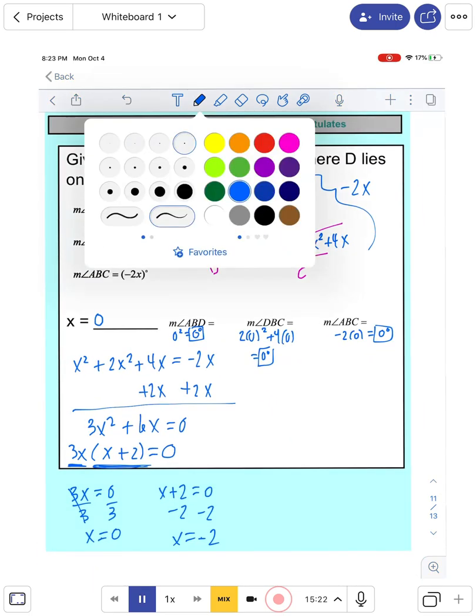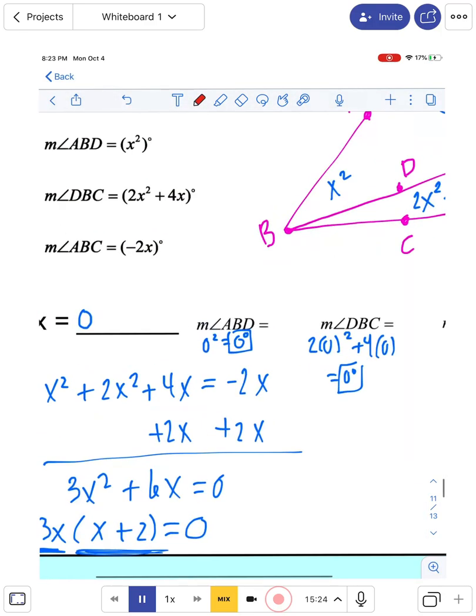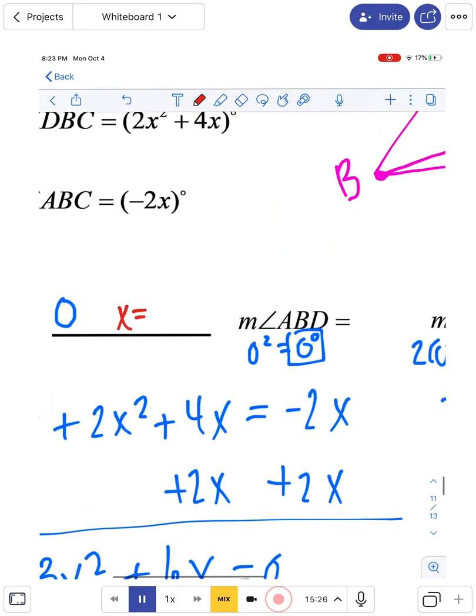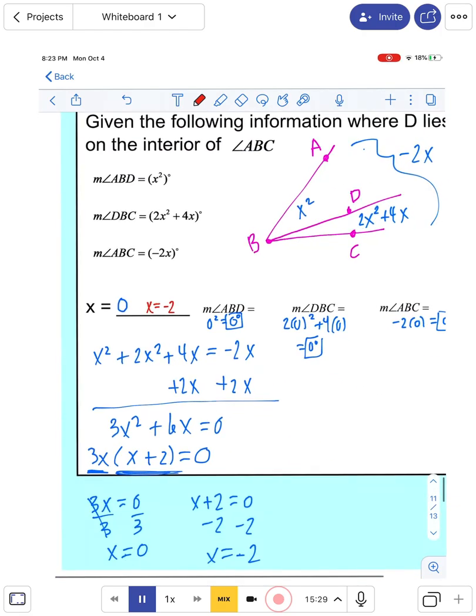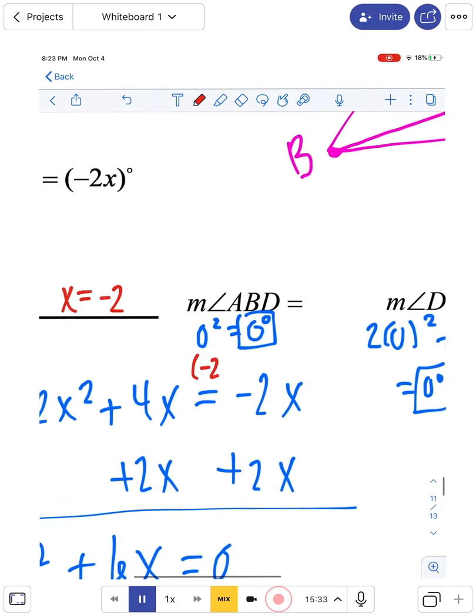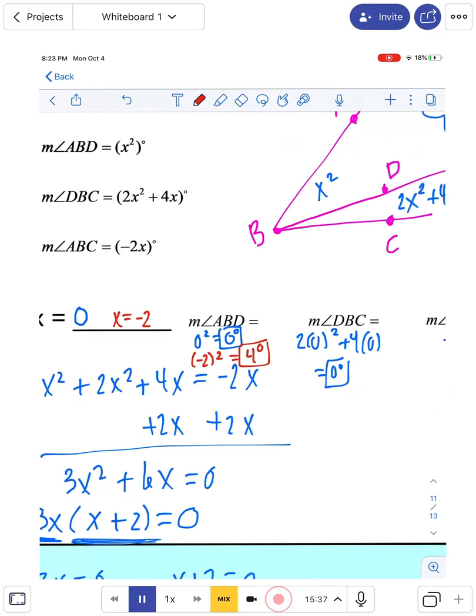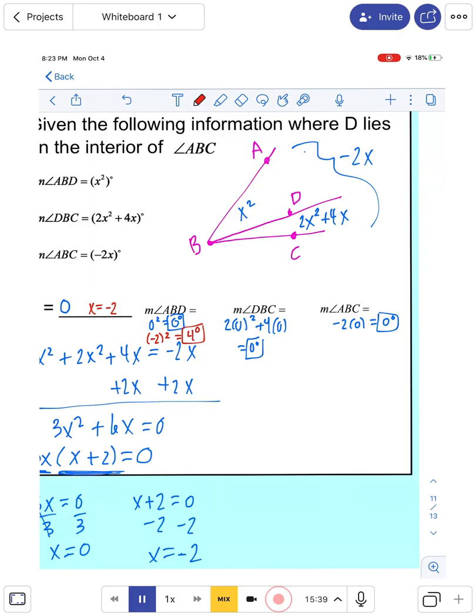Now let's try that x equals negative 2. So if x equals negative 2, we've got negative 2 squared, which is positive 4. For angle DBC, we'd have 2 times negative 2 squared plus 4 times negative 2, which is 2 times 4, so we get 8.